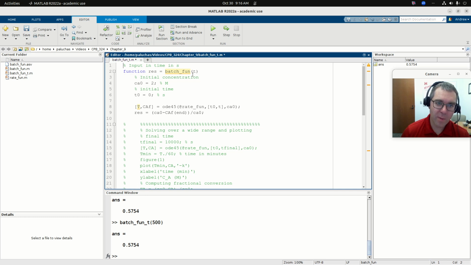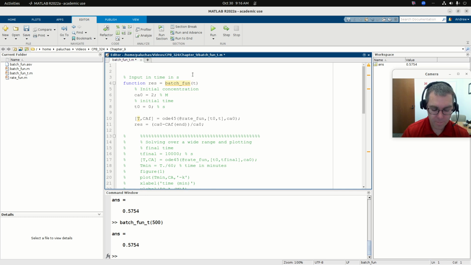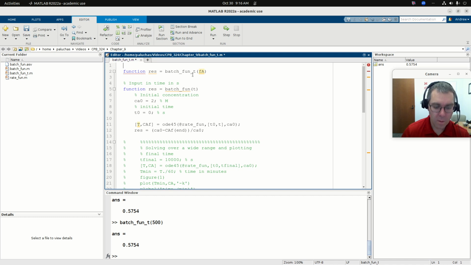It's called batch fun t. Okay, and batch fun t, the input's going to be the fractional conversion I'm solving for. And so this will be the fractional conversion we want to find the t for.